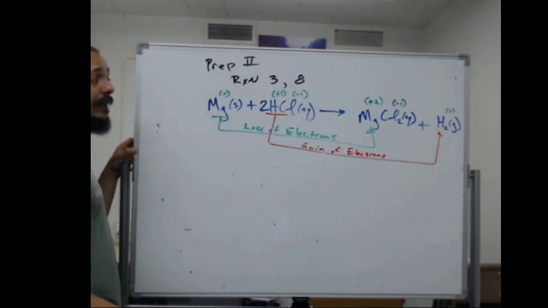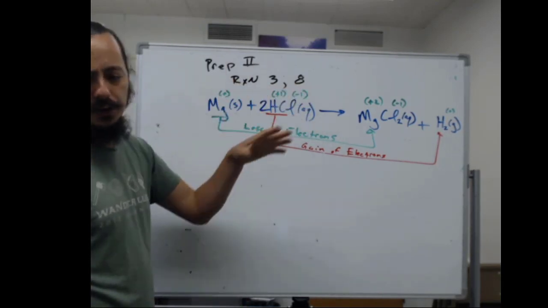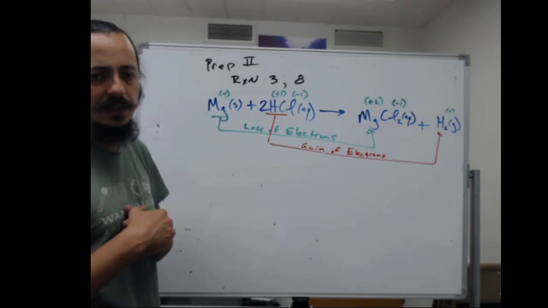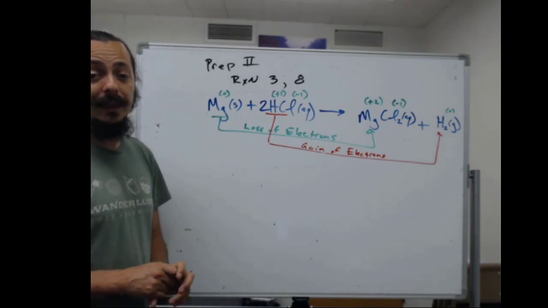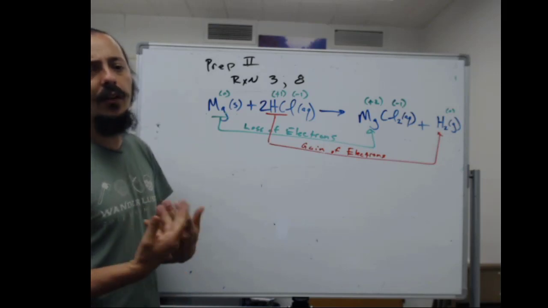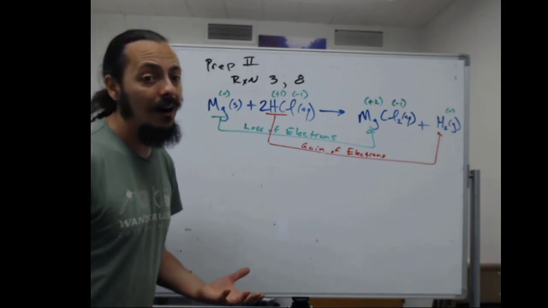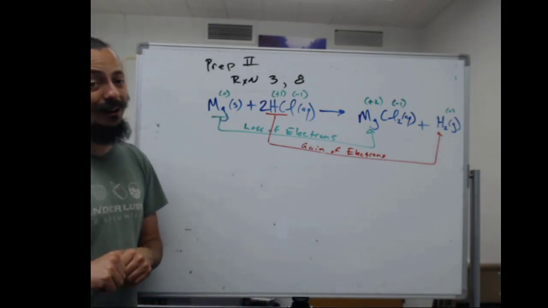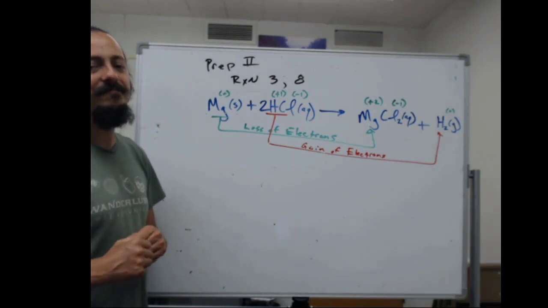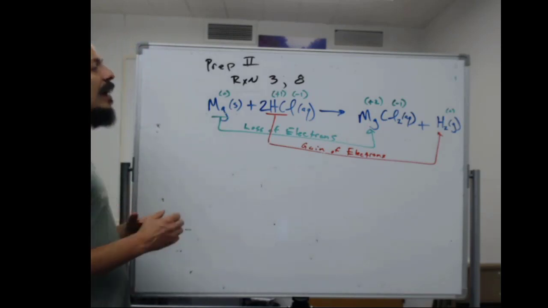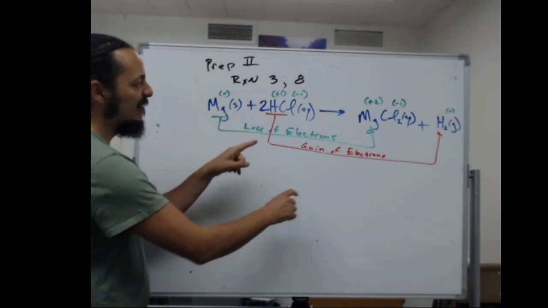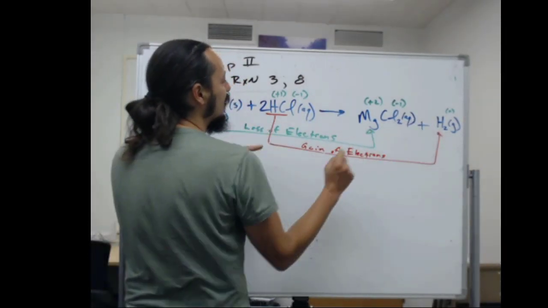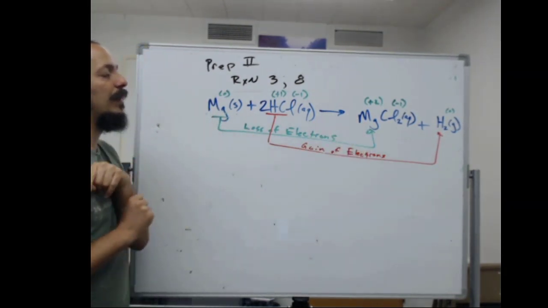Other good, really obvious sign, not in this reaction, but I think in reaction 8, if the number of oxygens attached to something changes, that's another really good sign that oxidation reactions are occurring. So those are the big tells. But the actual tell is change in charge, right? Hydrogen going from +1 to 0, magnesium going from 0 to +2.